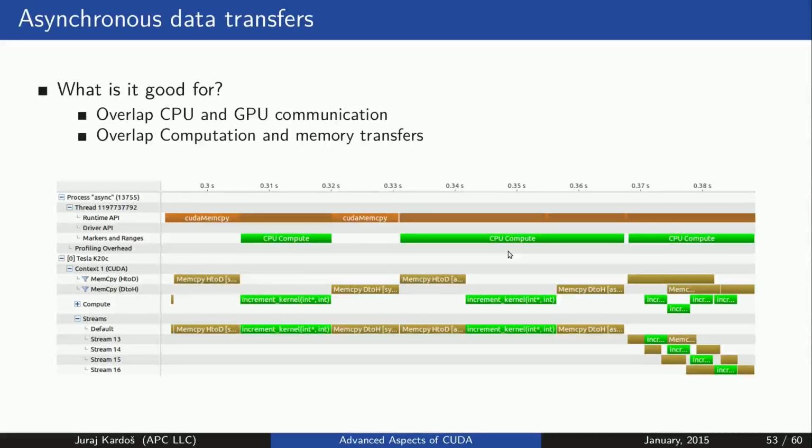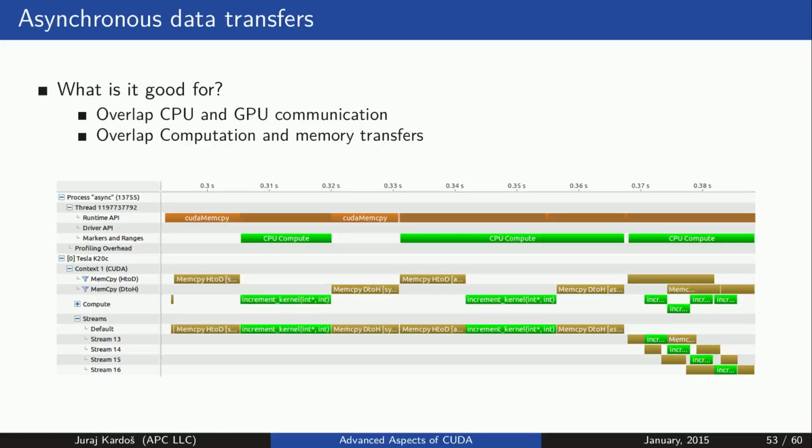Since the asynchronous memory transfers are not blocking with respect to host, CPU can use its time more efficiently, rather than idling in case of synchronous data transfers. CPU can issue the memcopies and kernel call, and while data are being transferred, or kernel is running its computation, CPU can use all this time to compute something useful.